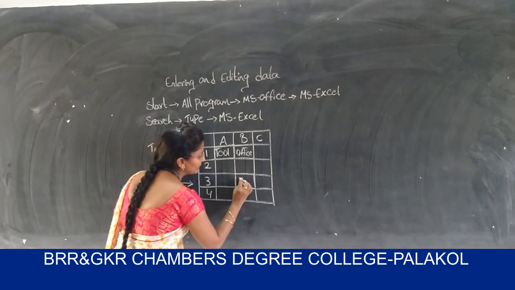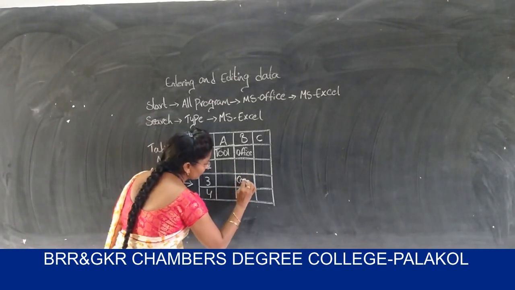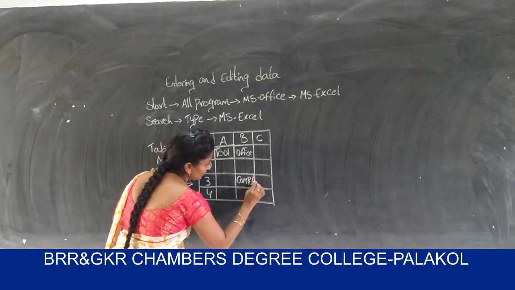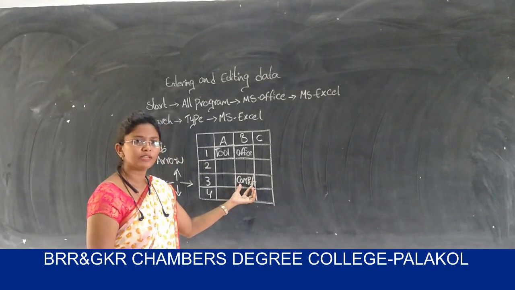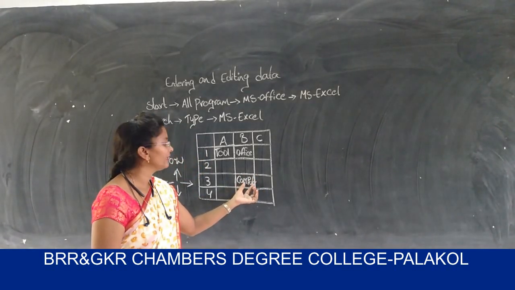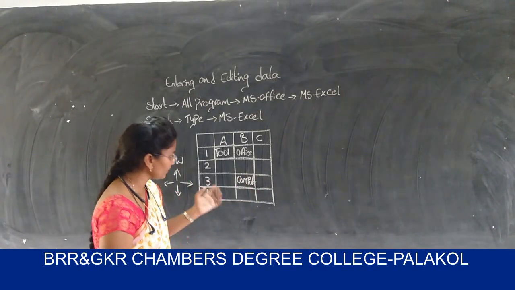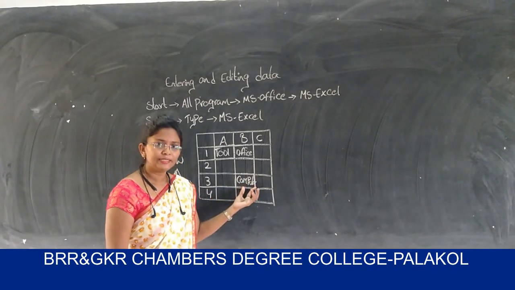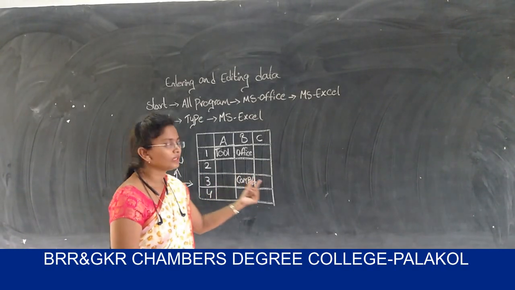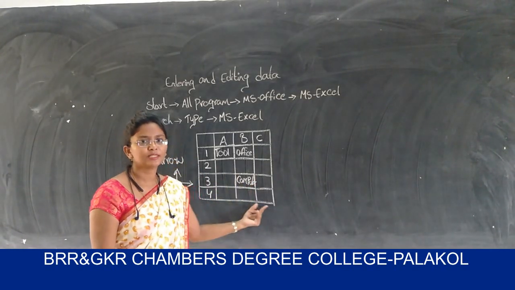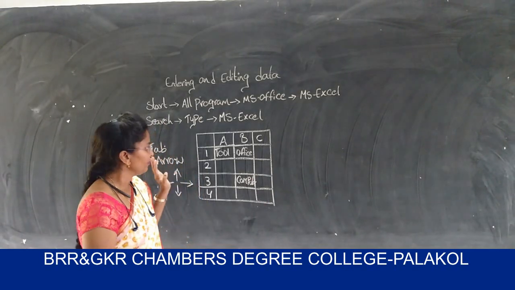I am writing computer over here. If I write computer in this cell, then automatically the data is entered. After completing the data in this B3 cell, you can go to another cell and write something in that cell.